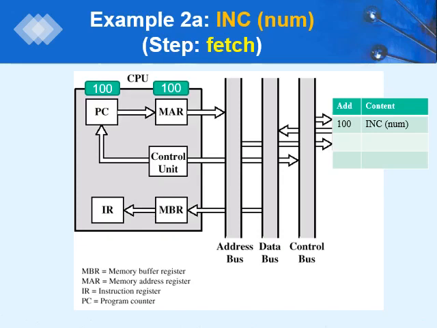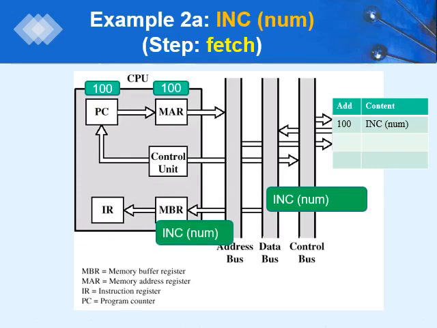command on the control bus, and that result will appear on the data bus. And what is it? The actual instruction itself, increment num indirect address. And this will be copied into the memory buffer register, MBR. Don't forget, at this time, we also need to increment the PC, but we're not going to show that in this animation.